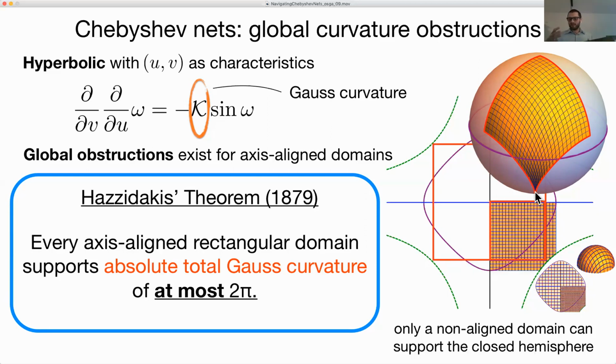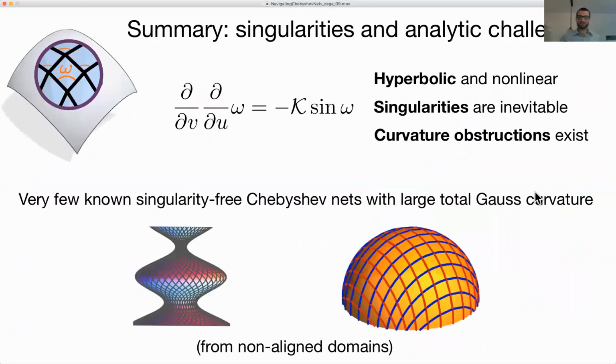And if you accidentally include a little bit too much material in one place, then you may run into a singularity later. So what it comes down to is trying to solve this nonlinear hyperbolic differential equation and figuring out what the shape of the domain might be to cover a more complicated surface than just a surface of revolution or a hemisphere, right?